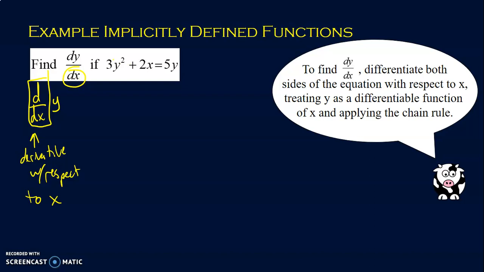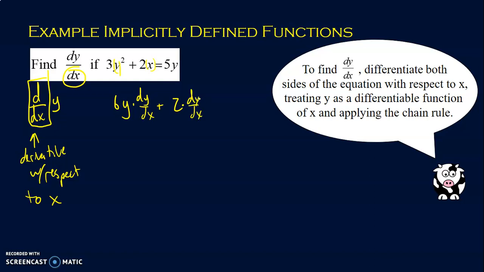Okay, so here we go. Derivative of 3y squared. We're going to use the power rule, so 6y. And then we're going to use the chain rule, so the derivative of y with respect to x. And then 2x. We're going to take the derivative. The derivative of a linear function is a constant, so the derivative of 2x is 2 times the derivative of x with respect to x.